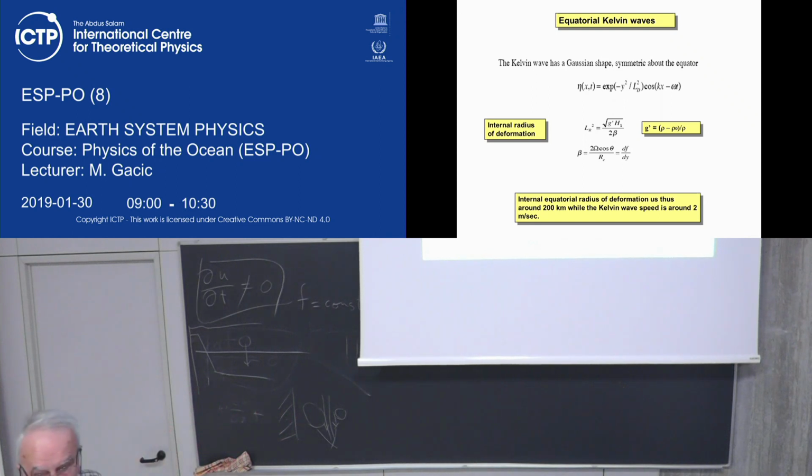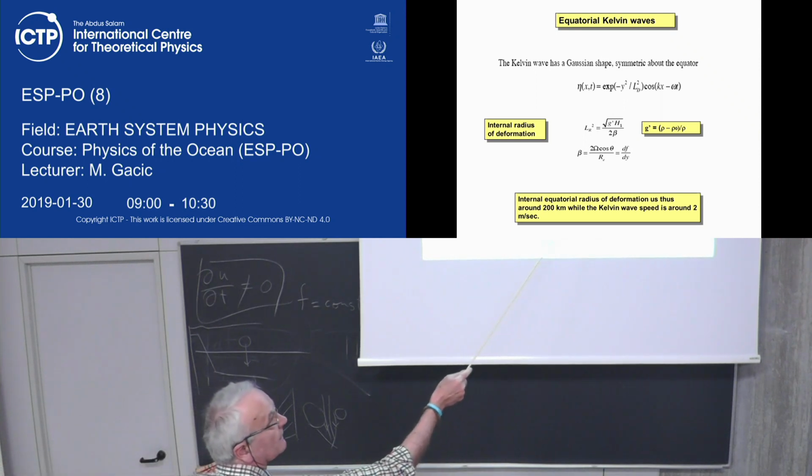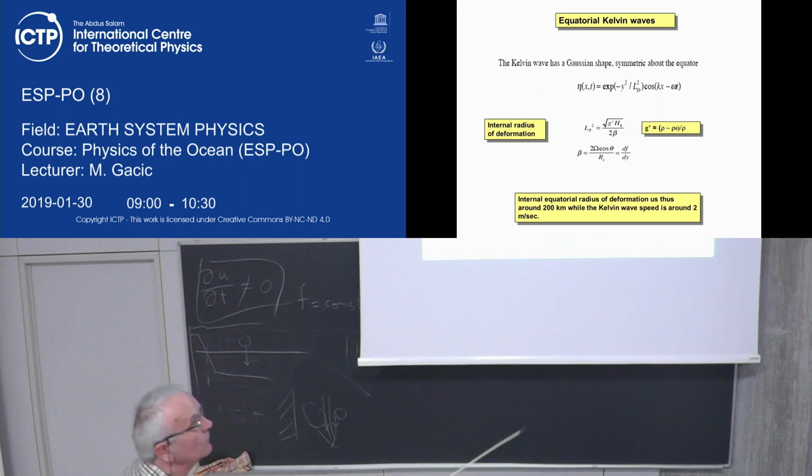Here, instead of G, we have introduced something called G prime. This is a reduced gravity, because here we work with a vertically stratified or two-layer fluid.